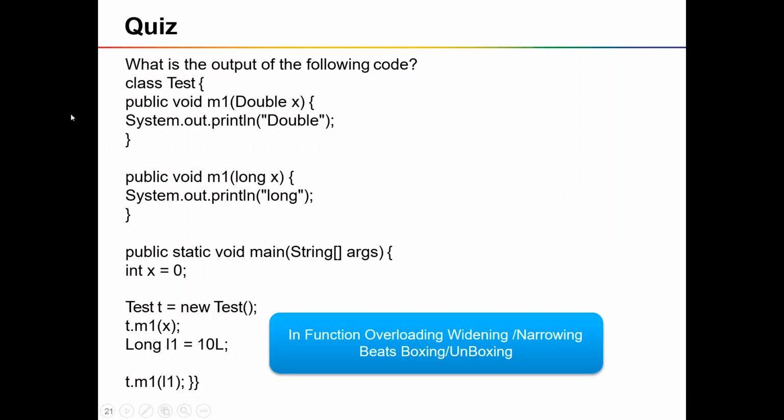So the second method will get matched, and here we are creating a long and passing it as L1. There is no Long object, but instead a long primitive type. So this will invoke the long primitive type. So in the given case, in method overloading, widening or narrowing is given the most priority rather than boxing and unboxing.